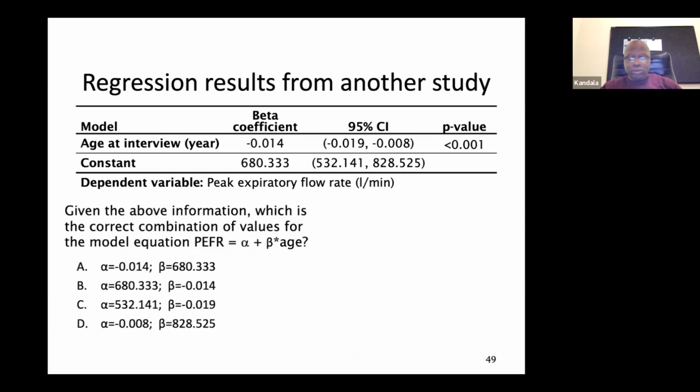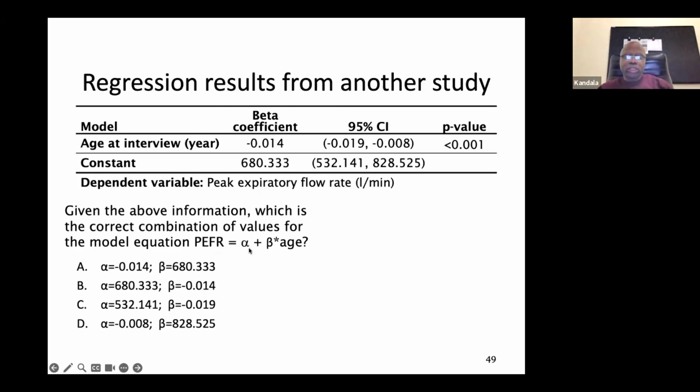Okay, so this is another reporting of results from another study. Age at interview. Given the above information, which is the correct combination of values for the model equation that we see there?